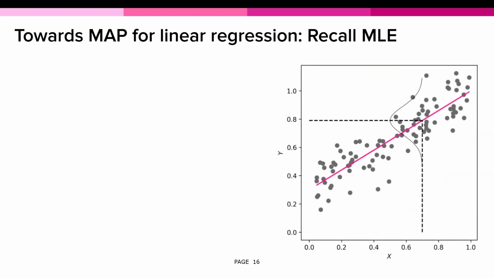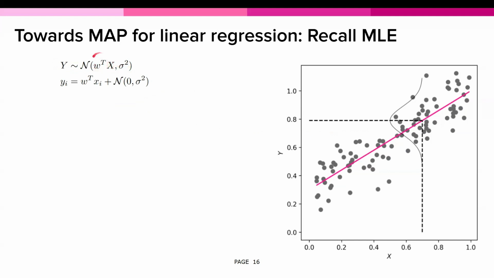We can also incorporate priors for linear regression using maximum a posteriori. To see how, let's first quickly revisit the maximum likelihood estimate that we derived a few weeks ago. The derivation involved seeing the outcome y not as a fixed value, but as a random variable that follows a normal distribution.